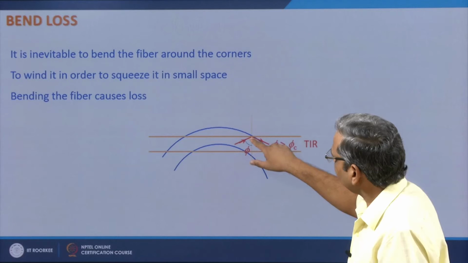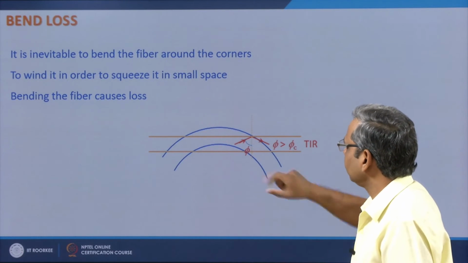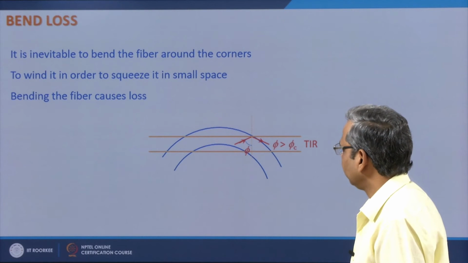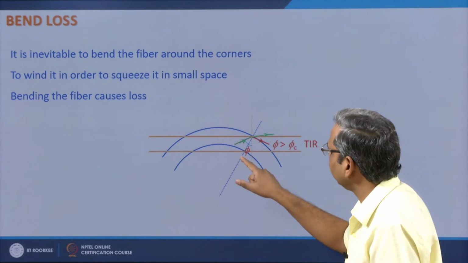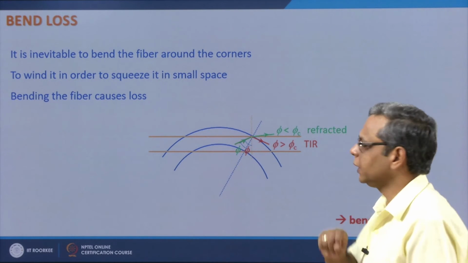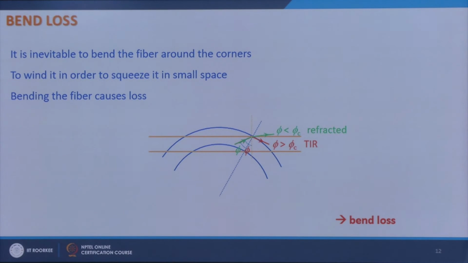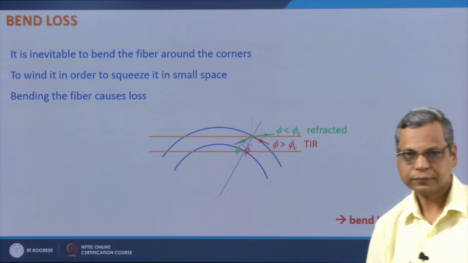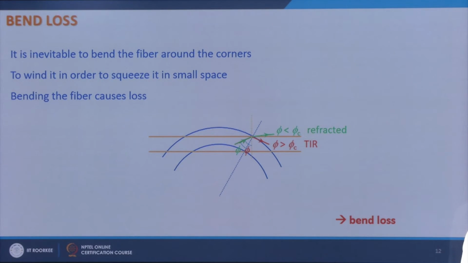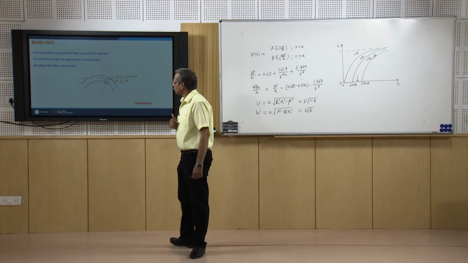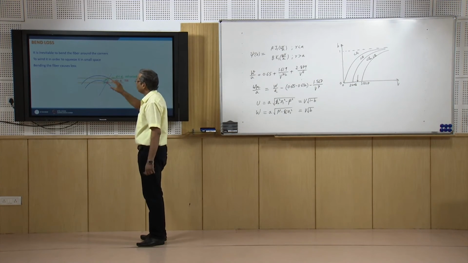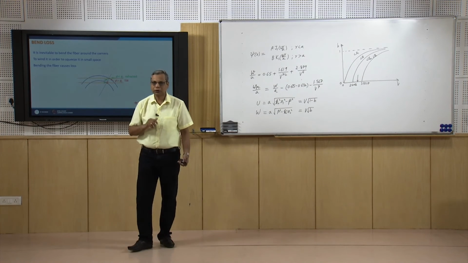The angle of this wave changes with the normal because the normal does not remain this now. The new normal is this. So I find that this phi is now smaller than the critical angle. If phi is smaller than phi c, the critical angle, then this wave would be refracted into the cladding and there is no total internal reflection. So the power would be lost. So when you bend the fiber, it causes loss in the fiber.